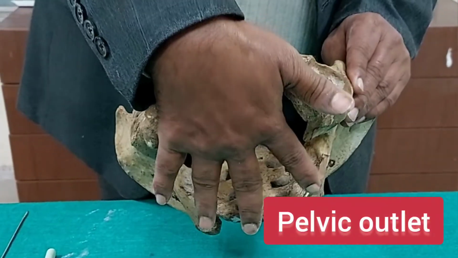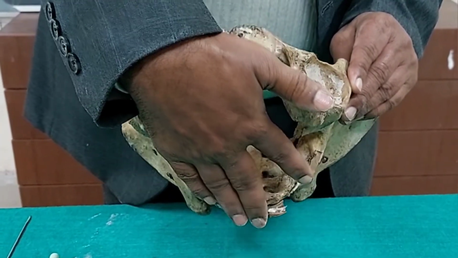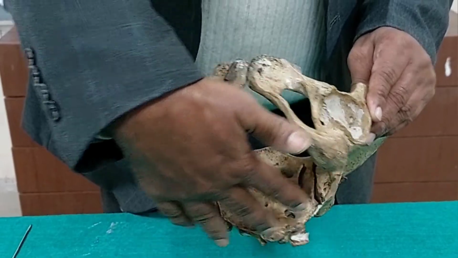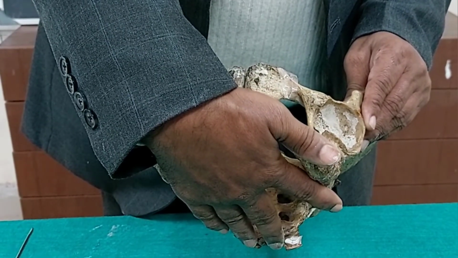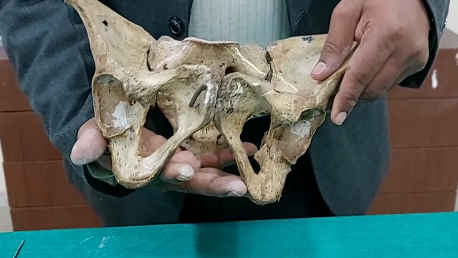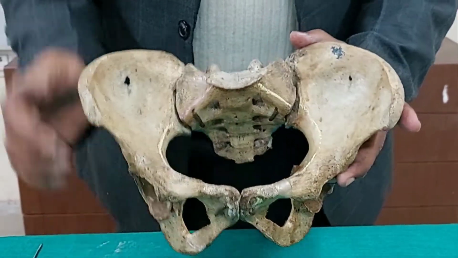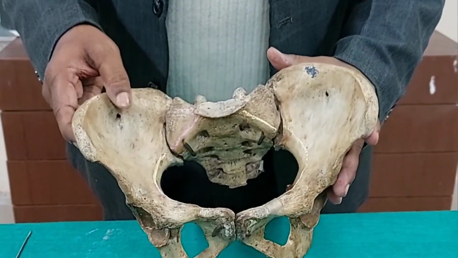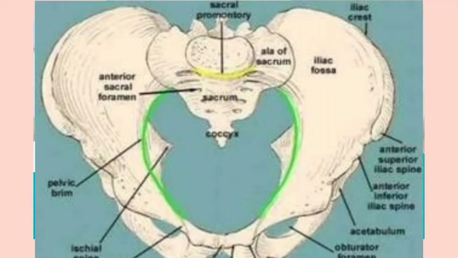My hand is closing the outlet part. I will discuss what are the boundaries of outlet. Now you can see only the outlet here. So the inlet, cavity and outlet, these three are the parts of the true pelvis or lesser pelvis. And their demarcating line or anatomical landmark is the pelvic brim.